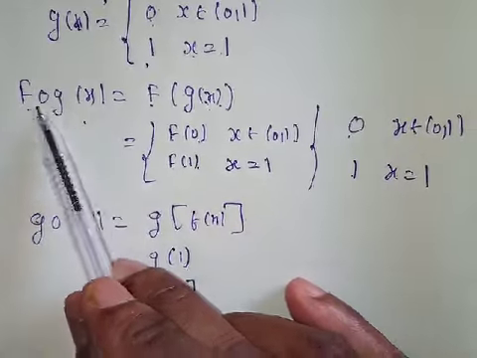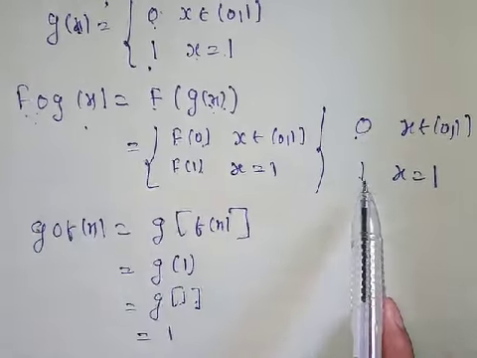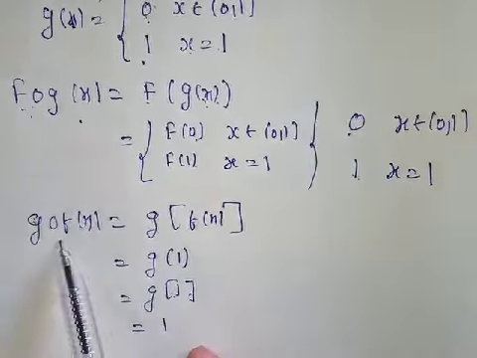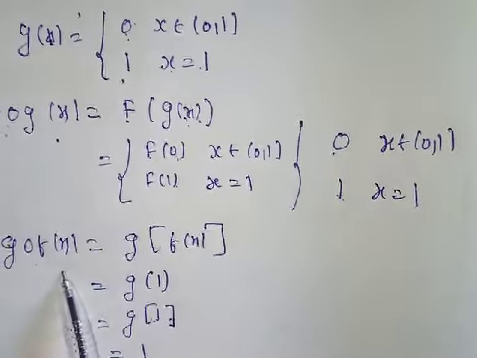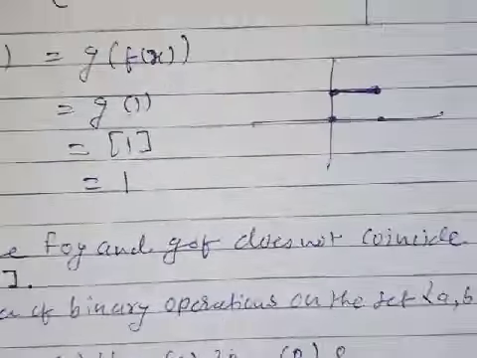So for fog we have two values, 0 and 1, and for gof we have only one value, which is 1, and therefore fog and gof are not equal, and hence fog and gof do not coincide in the closed interval [0, 1].